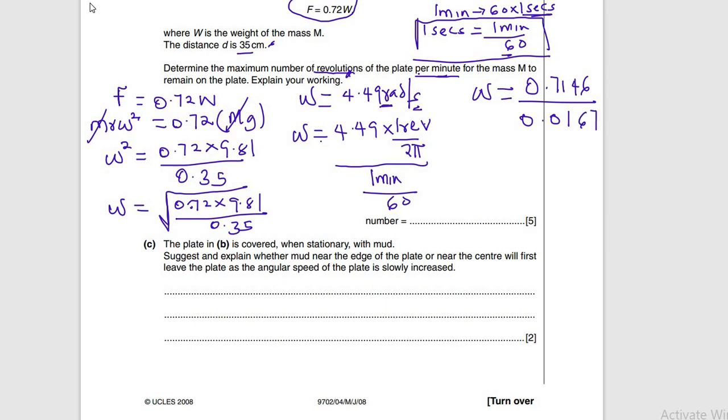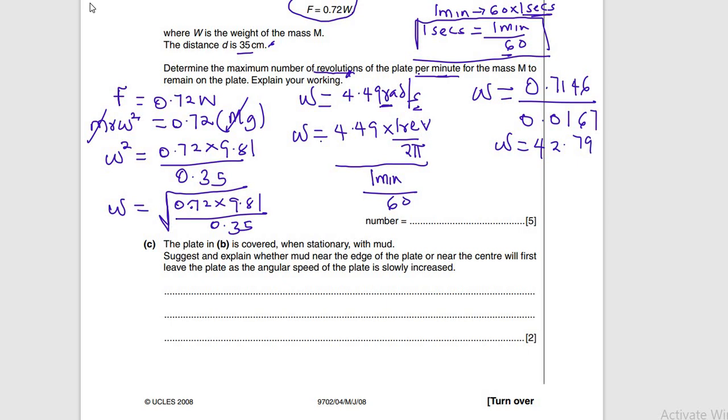Let's divide it: 0.7146 divided by 0.0167 gives me 42.79. So that's 43 revolutions per minute.